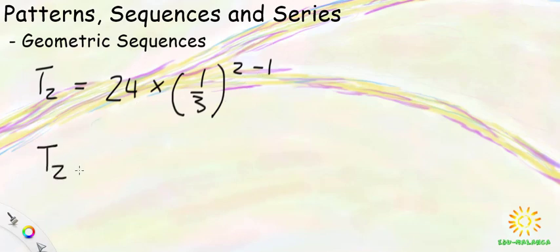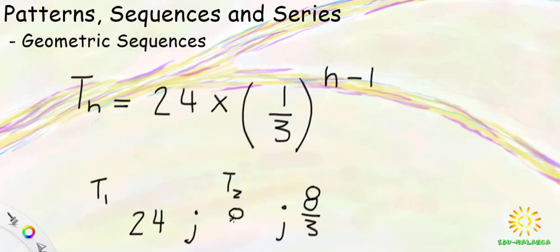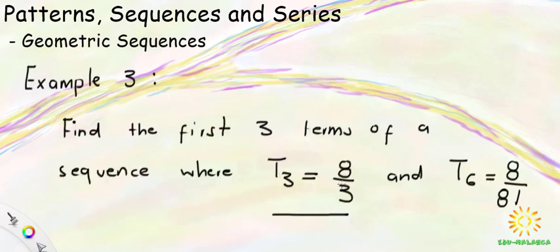Then we have T2 is equal to 24 times 1 over 3. That's equal to essentially 24 divided by 3, and that's equal to the number 8. So term number 2 of the sequence is 8. We've now solved the question. We've got the first 3 terms of the geometric sequence that has T3 equal to 8 over 3 and T6 equal to 8 over 81.